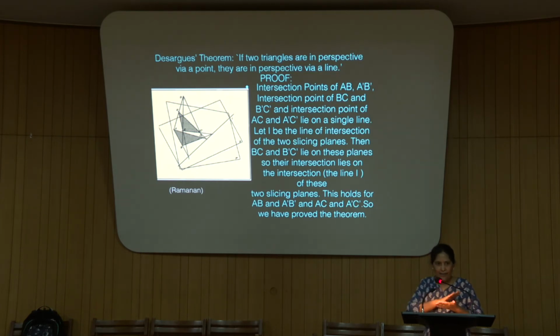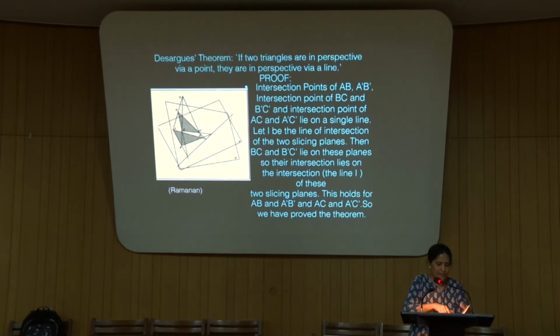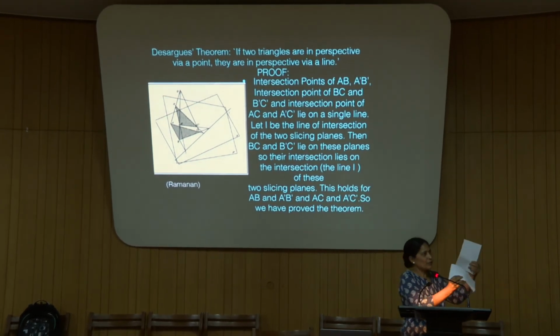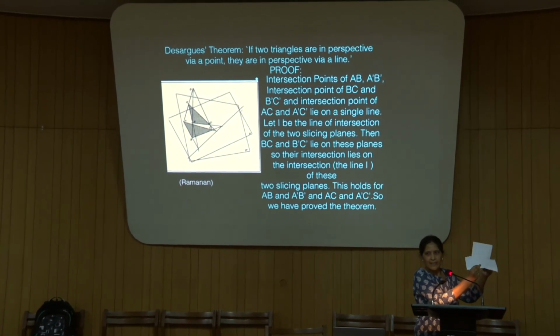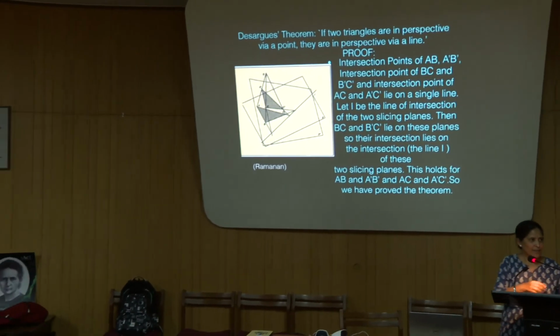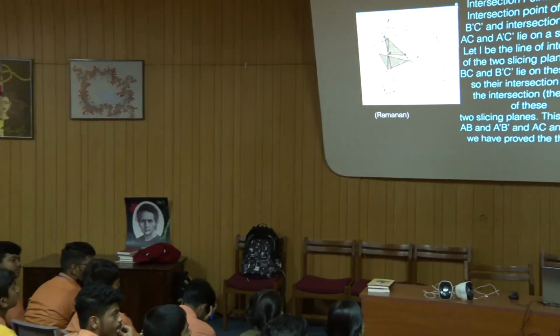Notice, you must be familiar with the idea that the intersection of 2 planes is a line, right? So if I take these 2 planes, you see that they intersect at a line, right? So you have 2 triangles, one ABC and the other one is A prime, B prime, C prime.